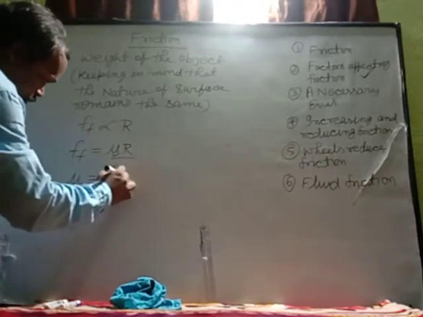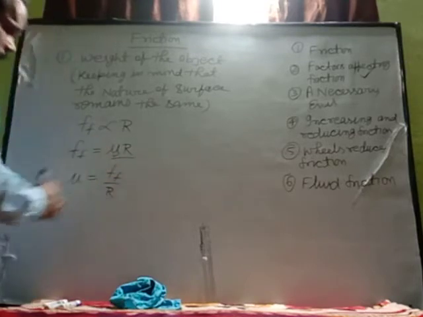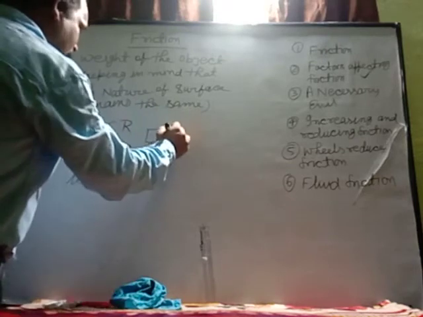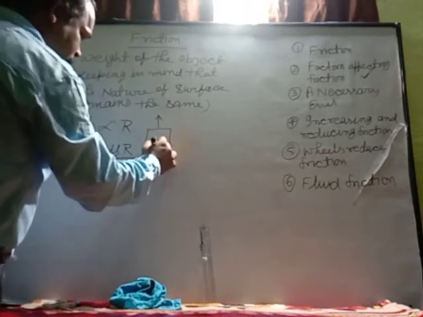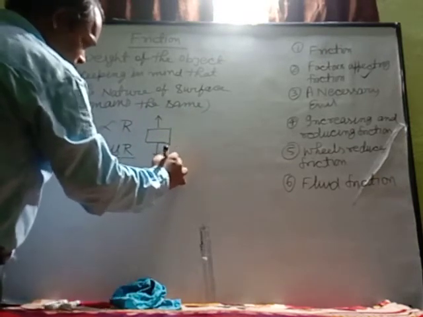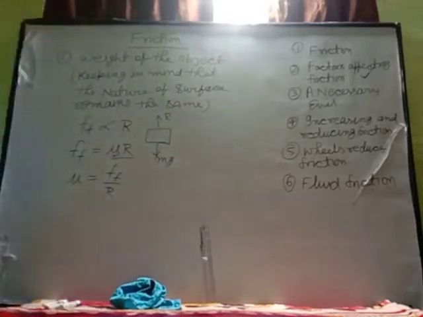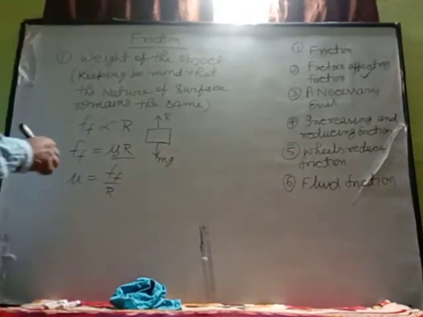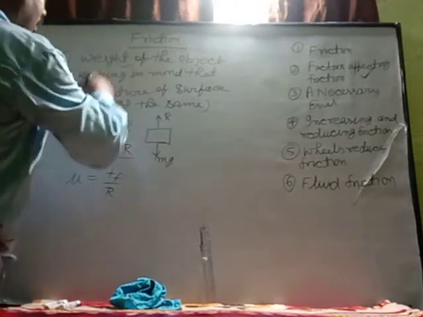Mu is equal to force of friction divided by R. And if you see, this R is equal and opposite to mg. That's why I have told that force of friction depends on the weight of the object.